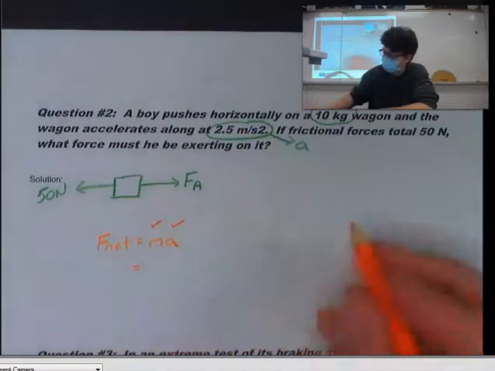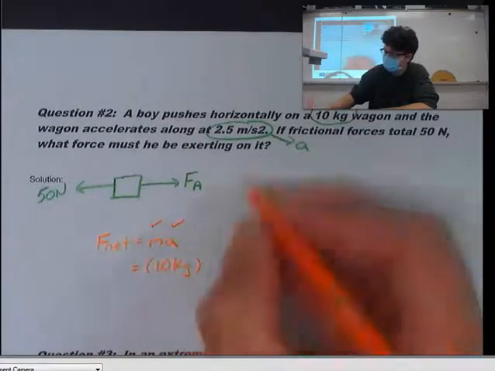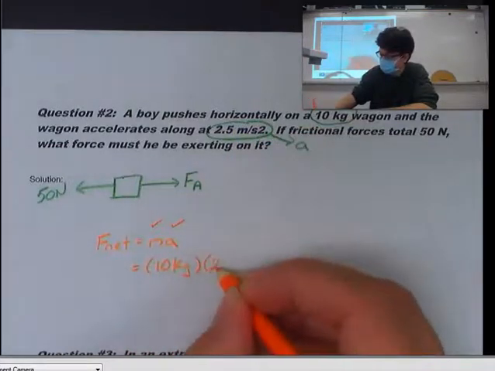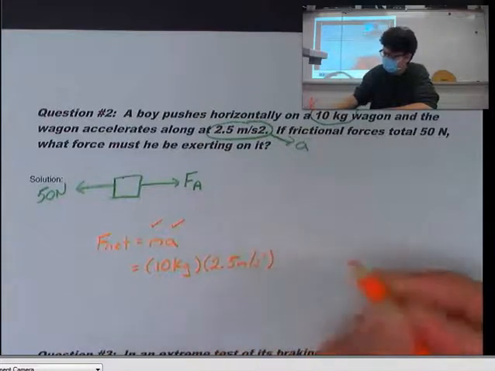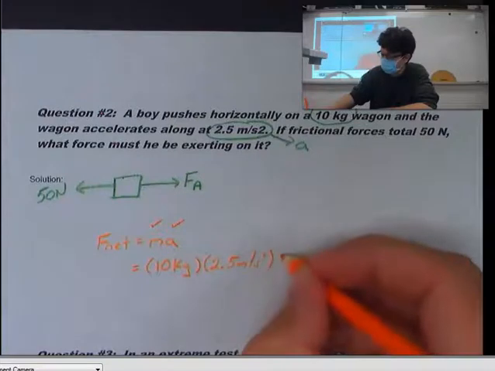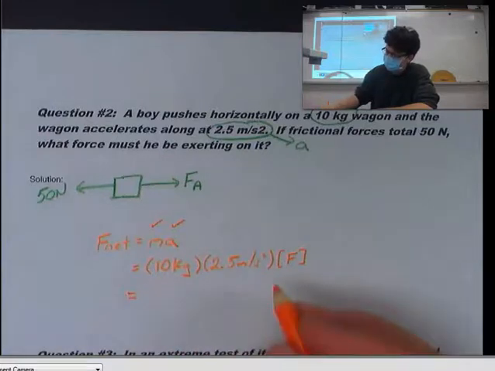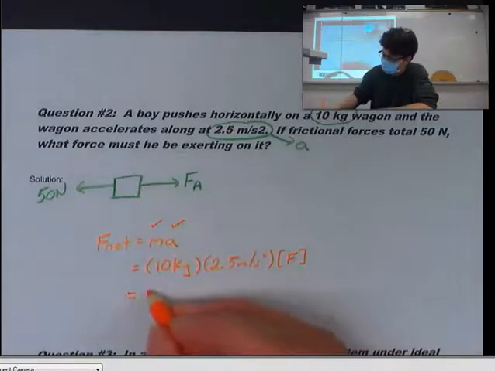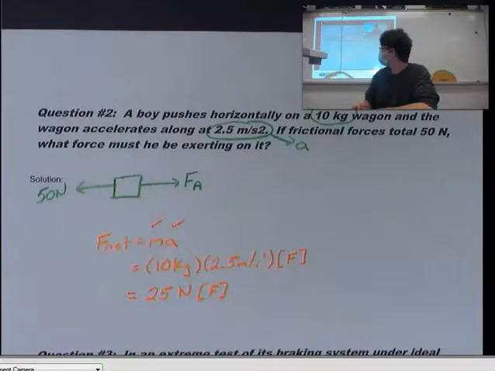It's just our mass, which is 10 kilograms, times our acceleration, which is 2.5 meters per second squared. Okay, let's just write forward, because it doesn't specify. So that's going to give us, well, 10 times 2.5 is 25 newtons forward. So that's our net force.